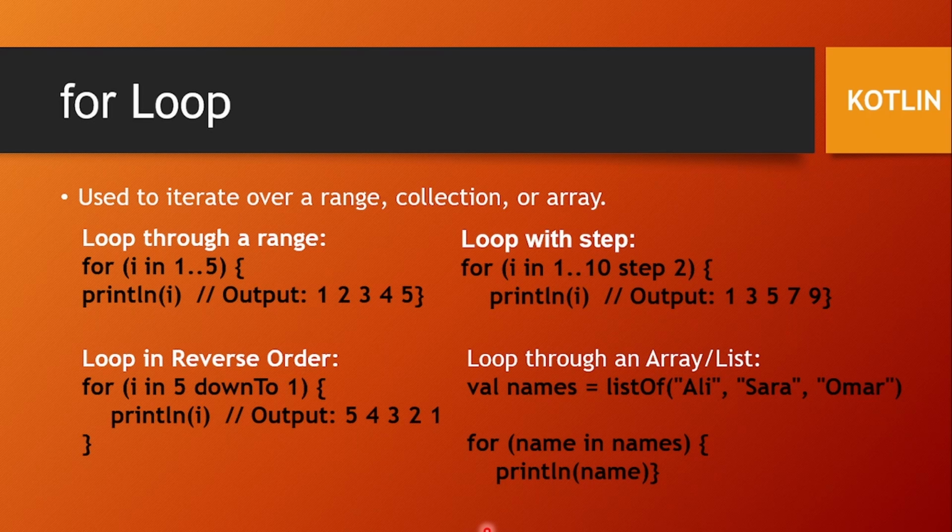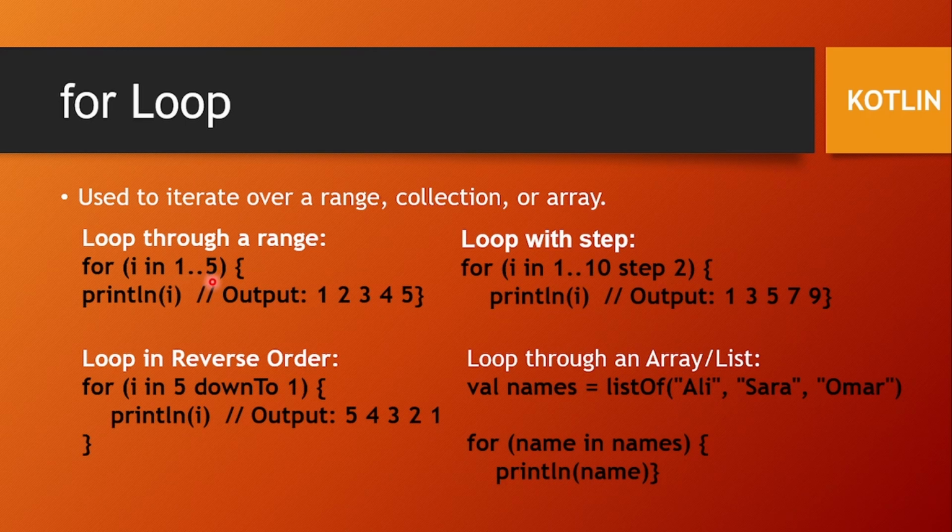So in the first example, as you can see, we declare our for loop in Kotlin using the for keyword, then we declare our variable, and after that we use an operator for our range, which is the double dot.